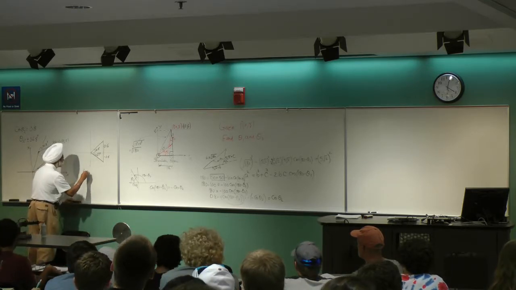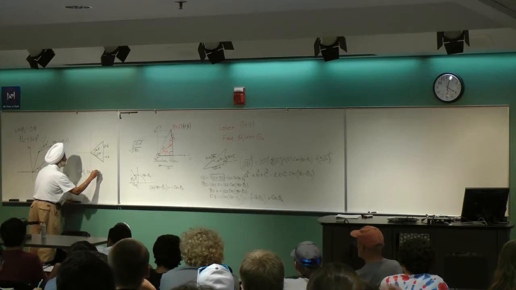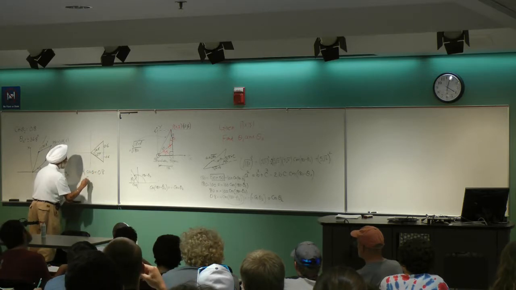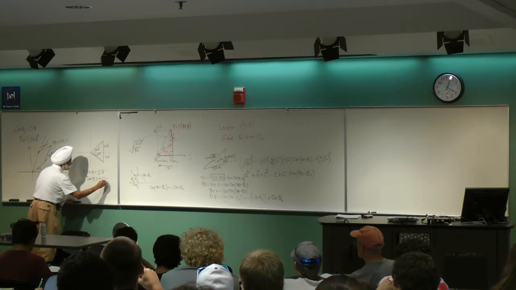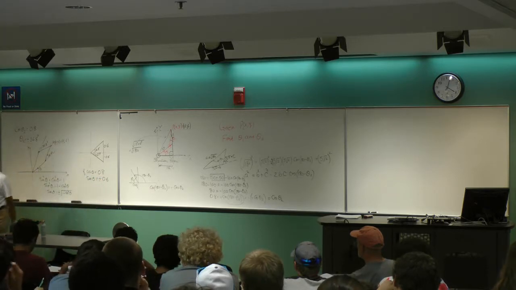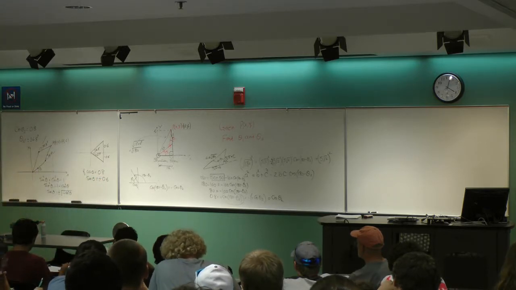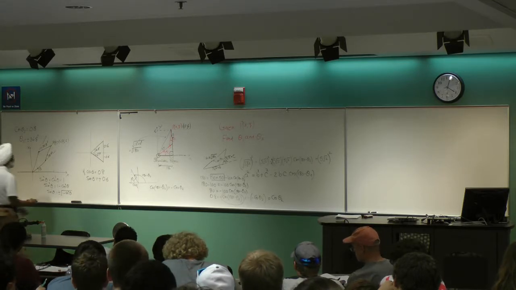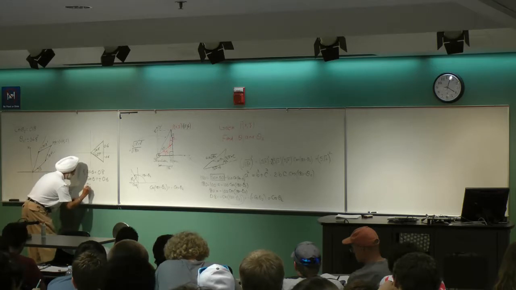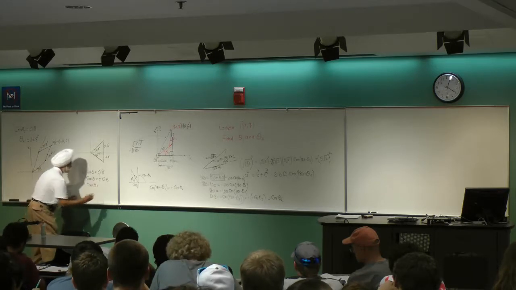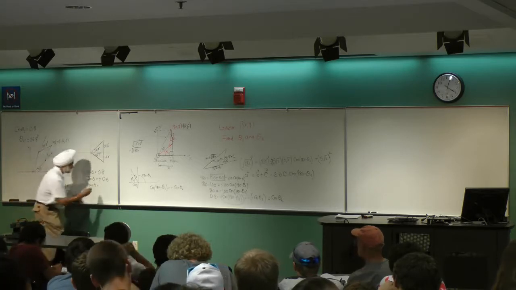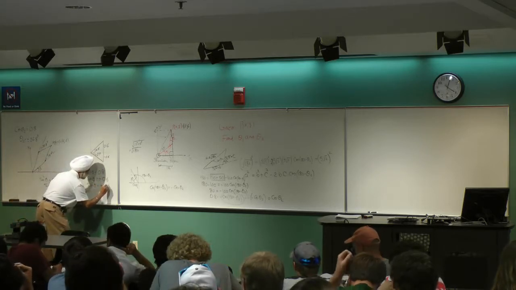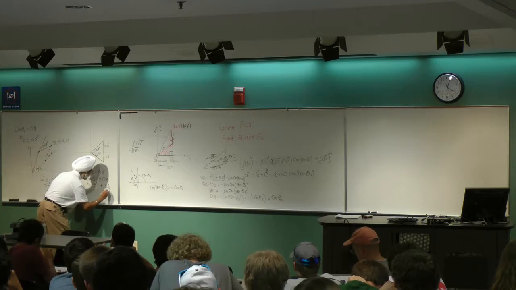If cosine theta is equal to 0.8, sine theta had better be plus or minus 0.6. And now you can use tangent. Tangent of theta is the ratio of sine over cosine, and it's going to be plus and minus 0.6 over 0.8.